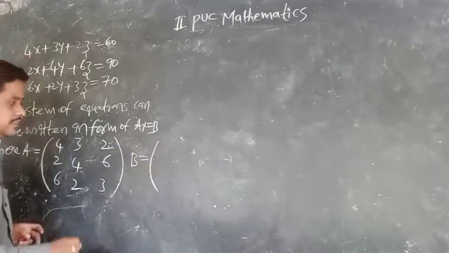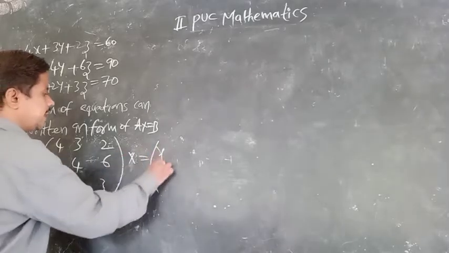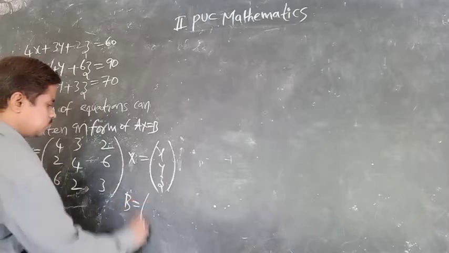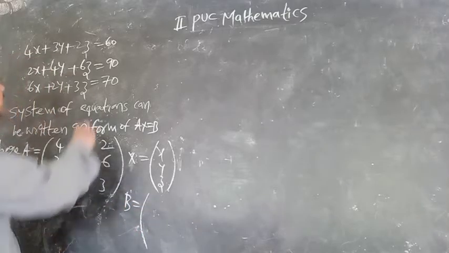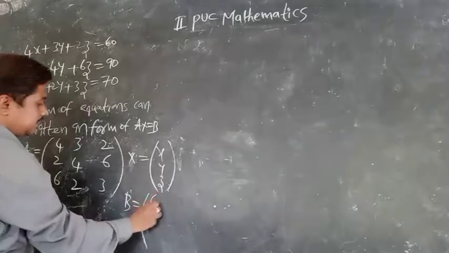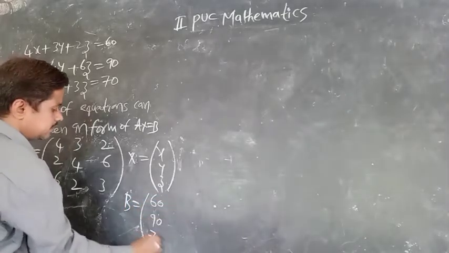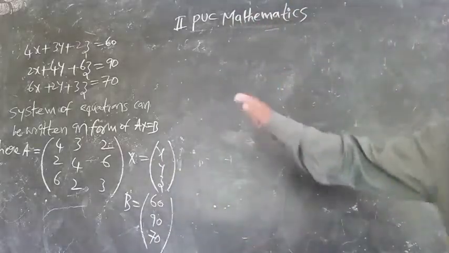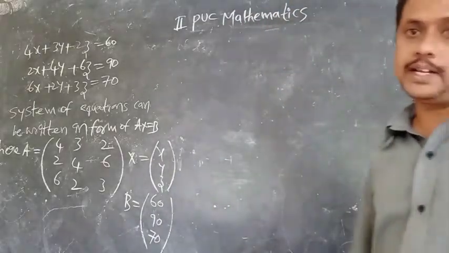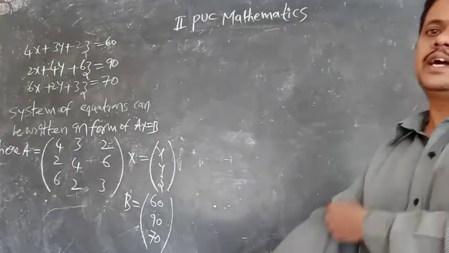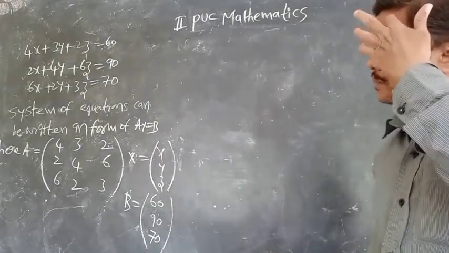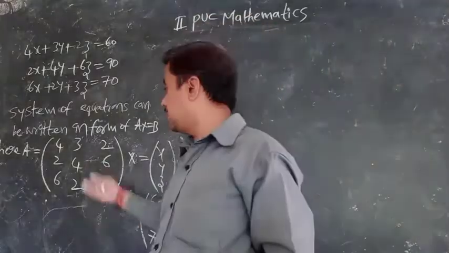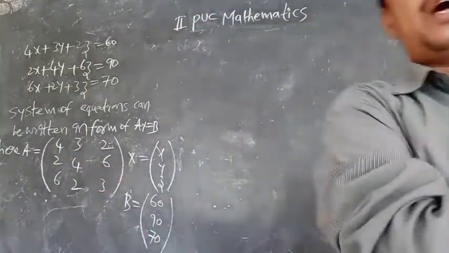X matrix is x, y, z. B matrix is nothing but the constants 60, 90, 70. Like that, first you have to write the matrices A, B and X. X is the unknown matrix, B is the constant matrix, and A is the matrix of coefficients of x, y, z.